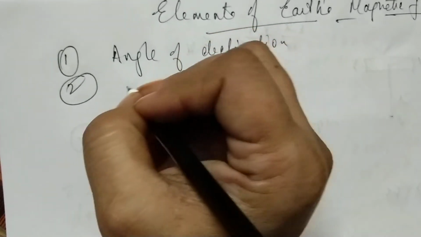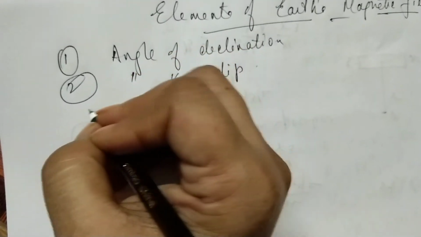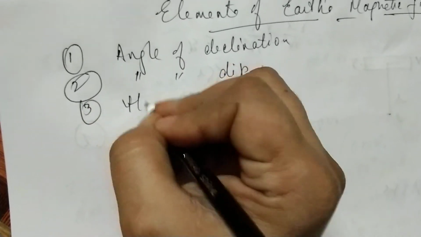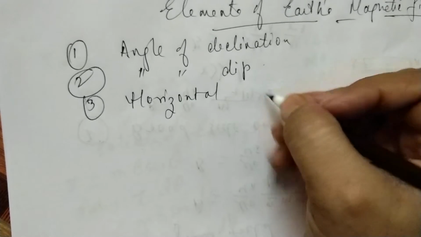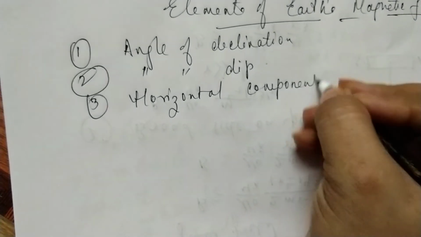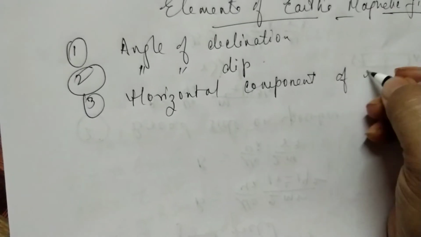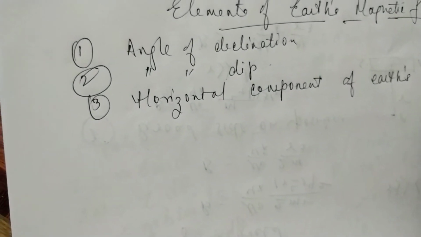Second one is the angle of dip. Third one is the horizontal component of Earth's magnetic field.